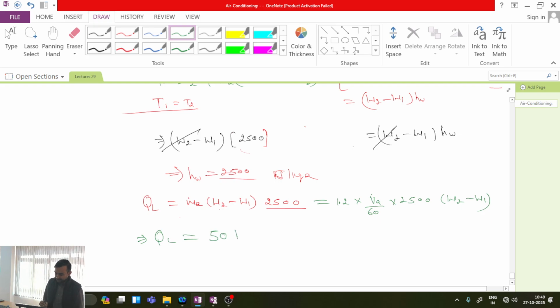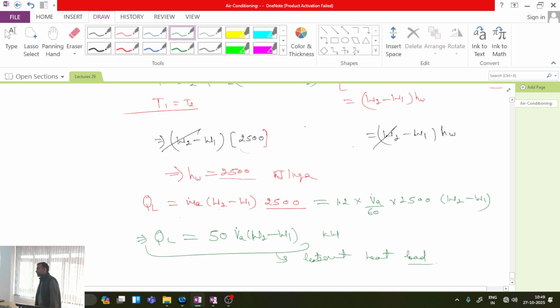So 50 into V dot A, W2 minus W1. This much kilowatt is actually my latent heat load. Are all clear with this point or not?